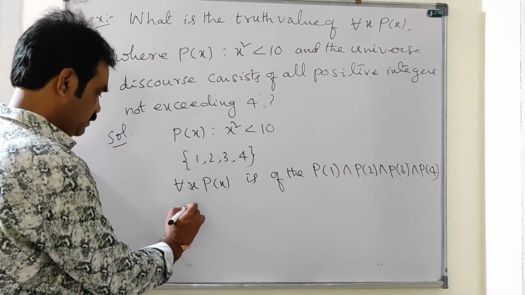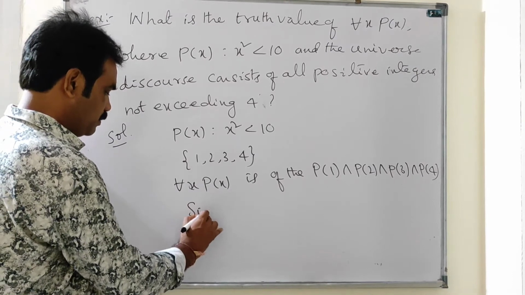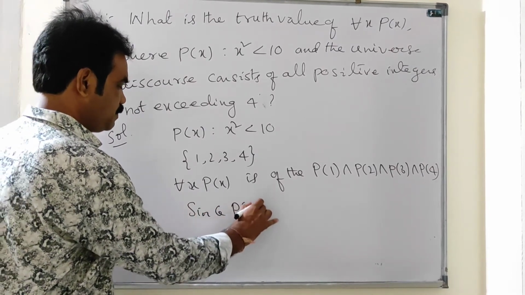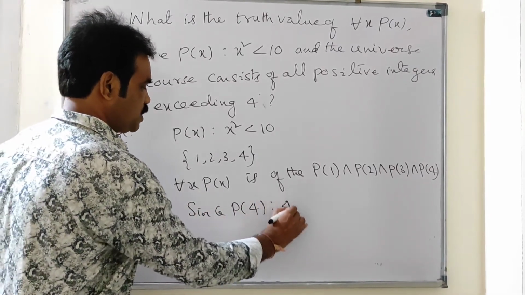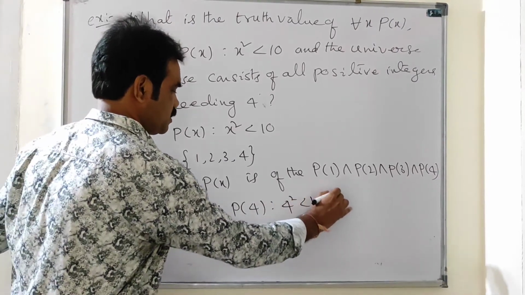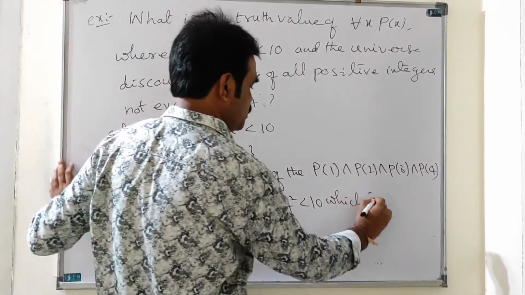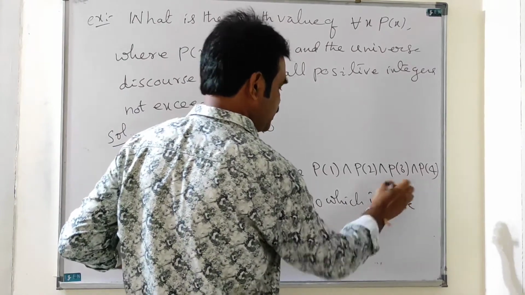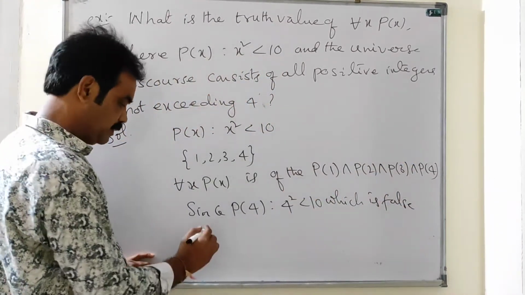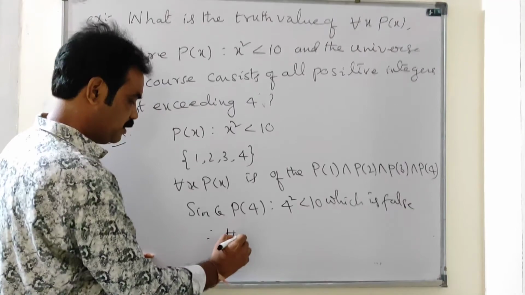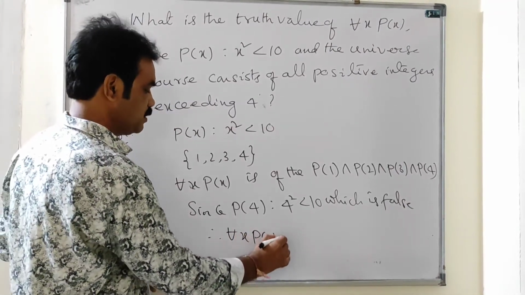And what is P of 4? That is 4 square less than 10, which is false. And hence this conjunction becomes false. Therefore, the universal quantification for all x P of x is false.